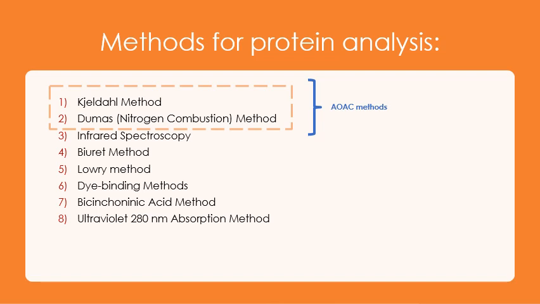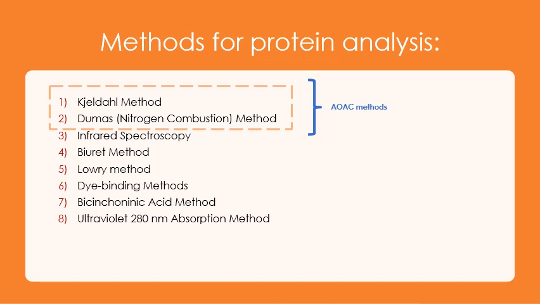But for these methods, from Biuret to these ultraviolet absorption methods, the sample needs to undergo sample preparation first. You have to extract the protein and increase its solubility before you can proceed with these types of analysis. For Kjeldahl and Dumas, what you actually measure is the nitrogen content.